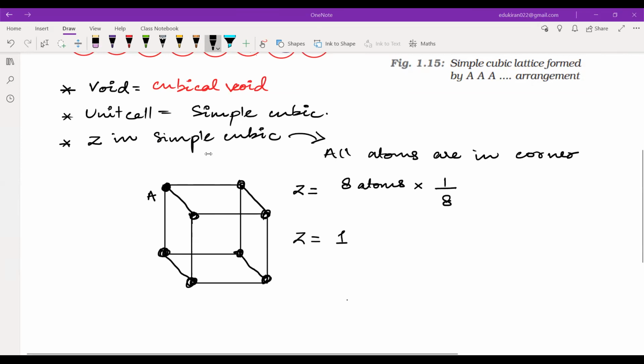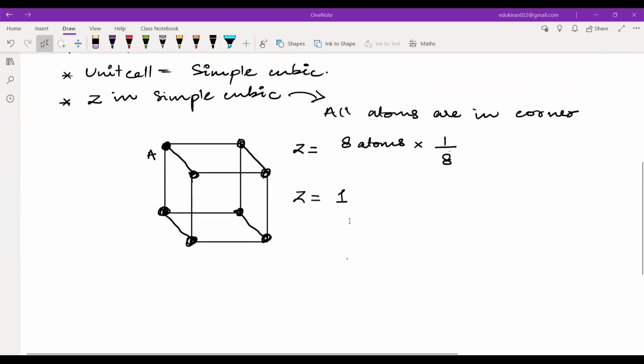There are 8 atoms and each has a contribution of 1/8, and that is why Z will be equal to 1. Can I move on? Yes, sir. Okay, fine.